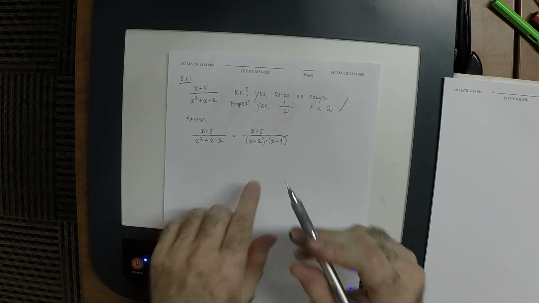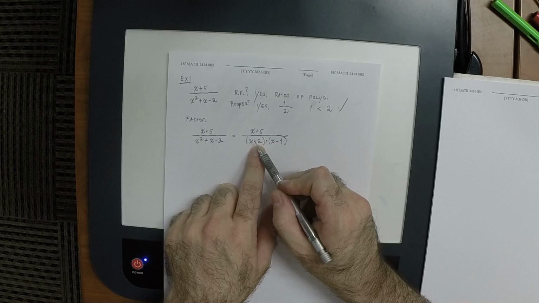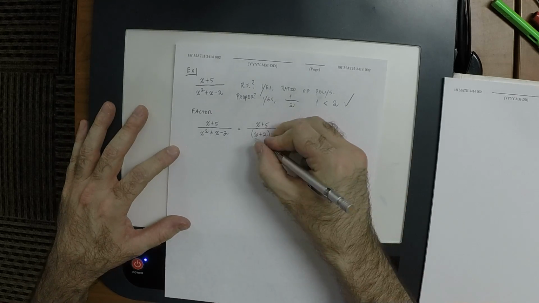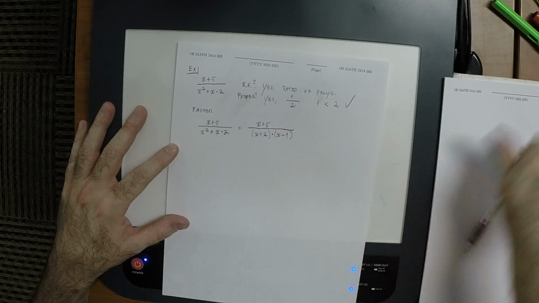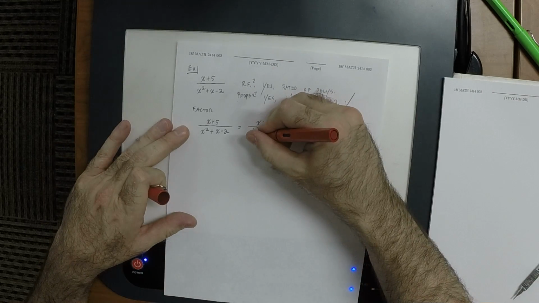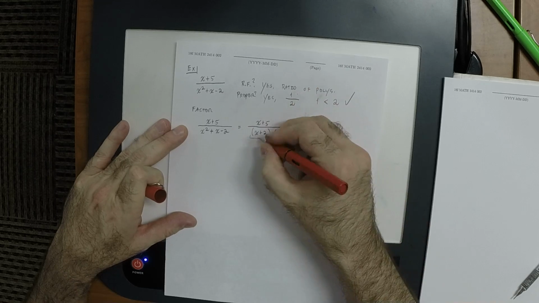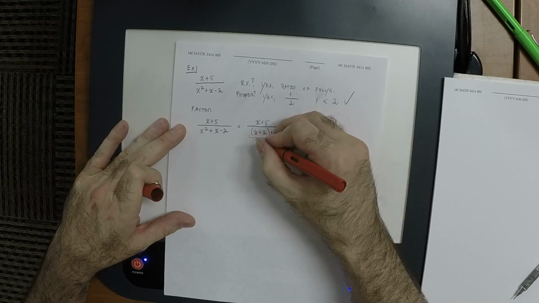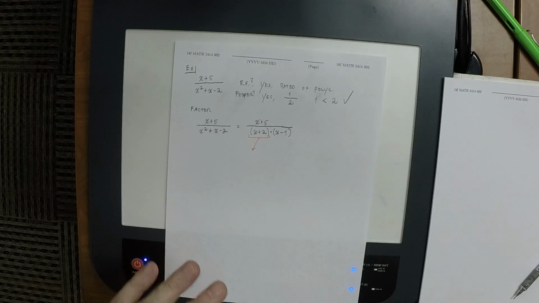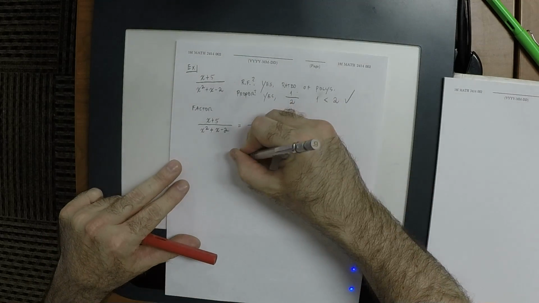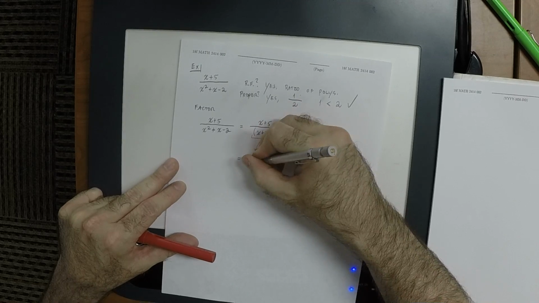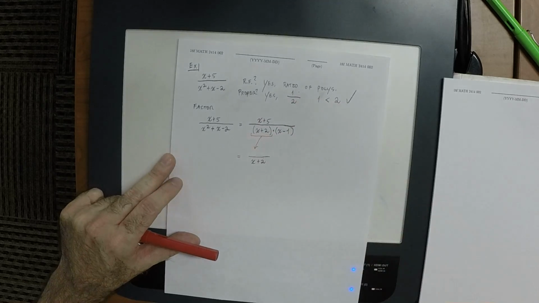Okay, so because that is a factor of multiplicity 1, what I want you to see is that because of just this one, this will decompose into something over x plus 2. And on the previous page, I wrote an a.